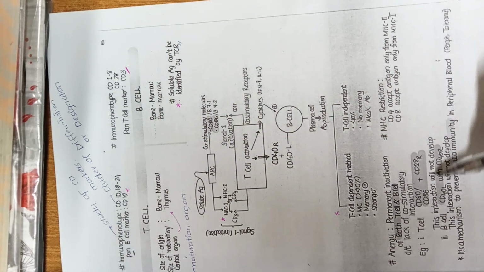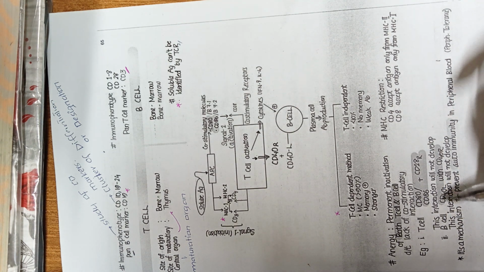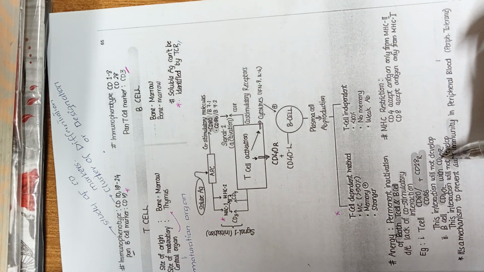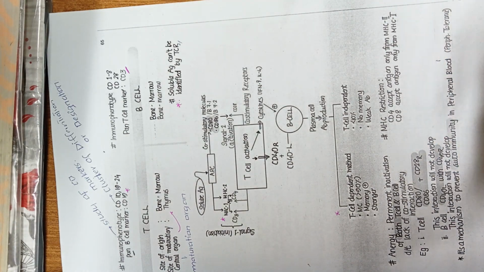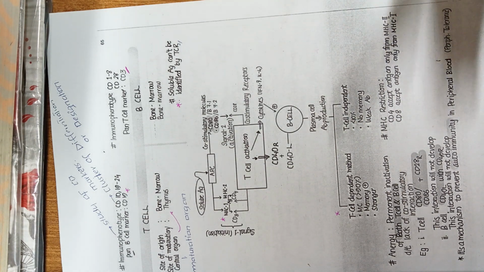This interaction will not develop. Or you can say when B cell does not express CD40 ligand with CD40 receptor, the cell will also remain in permanent inactivation. So this is where its application comes, where its use comes.